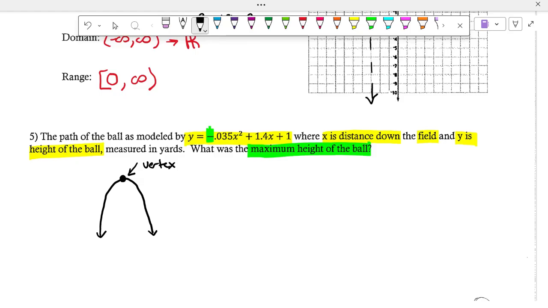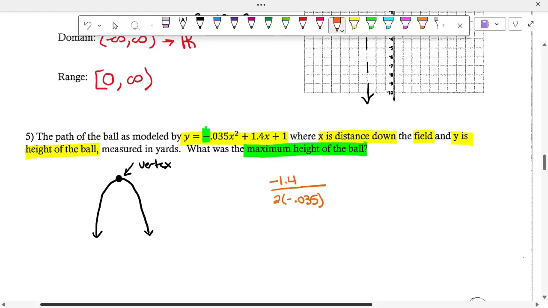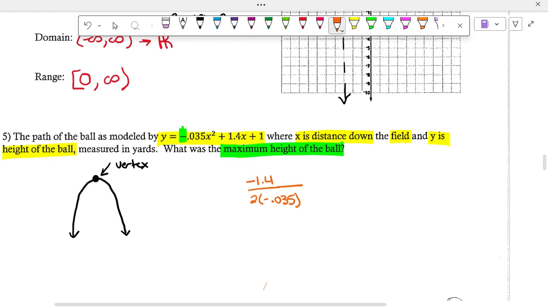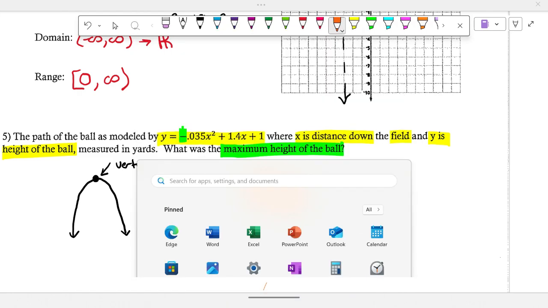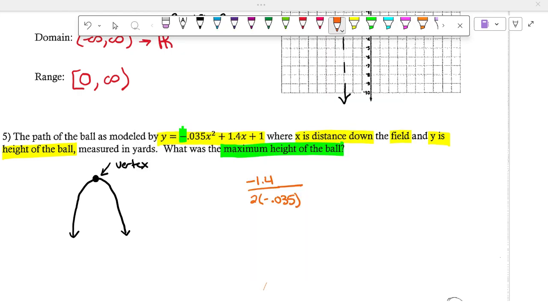First find x by using the formula negative b over 2a. Good. So we do negative 1.4 over 2 times negative 0.035. Now, guys, when it said no calculator, it just meant no graphing calculator. Okay, we can use a regular calculator for this, just for the computation. So if I use my calculator, just put that in.